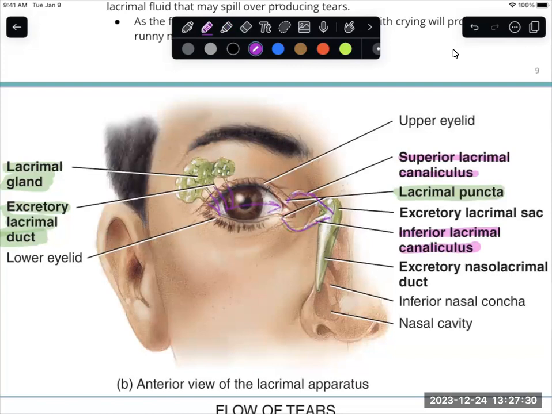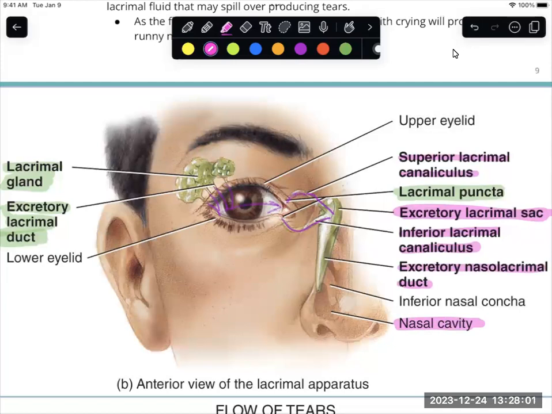Then we have this excretory lacrimal sac. This excretory lacrimal sac is where those tears are going to drain. And from there, they're going to travel through this excretory nasolacrimal duct into the nasal cavity. This is what causes your nose to run when you cry.